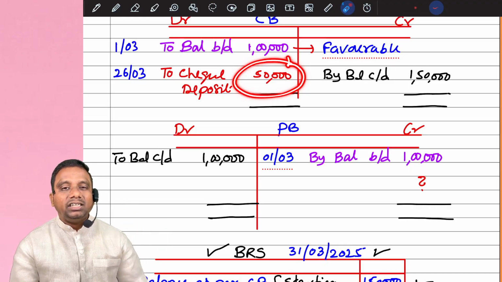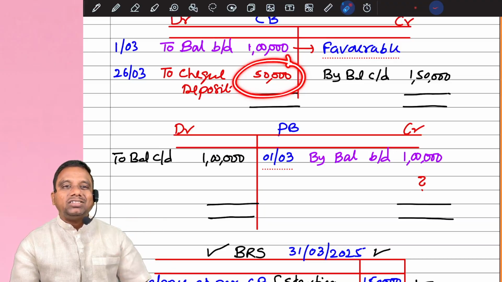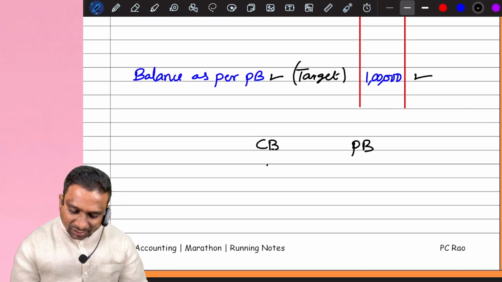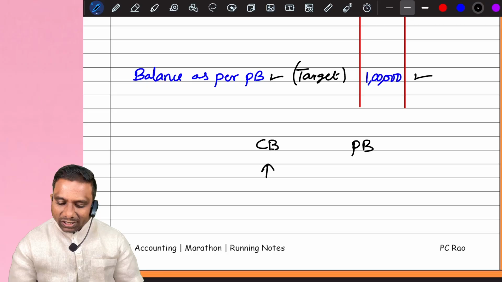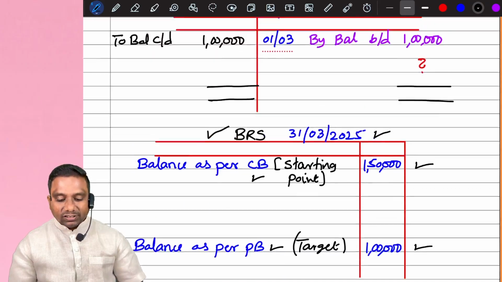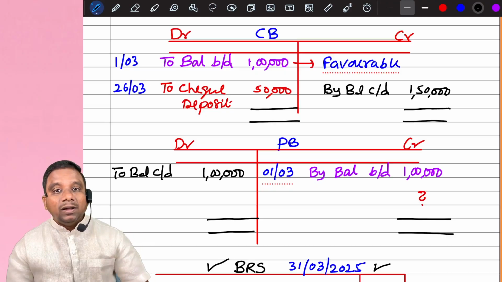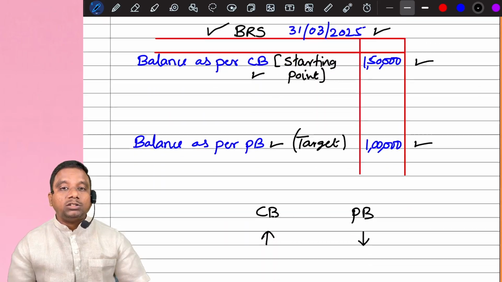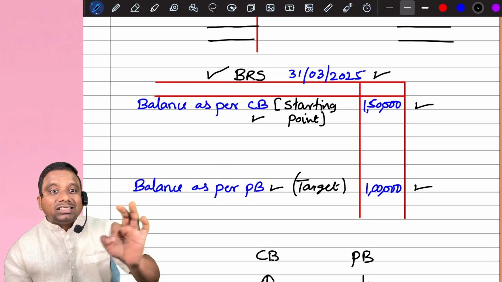Which side is it recorded? Debit side. By recording it on the debit side, the cash book balance increases. When the cash book balance is increased, the passbook balance is not increased. Compared to the cash book, the passbook balance is less by 50,000.